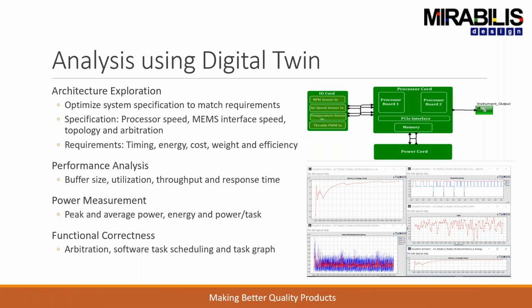So before we go too deep into the details of more examples with digital twin, let us take a step up and try to understand what exactly you can get out of a digital twin. It's really about architecture exploration, which is you're trying to get the requirements and then seeing if the specification matches the requirements, or how far apart are we, and what do we need to do to get to a more accurate representation.